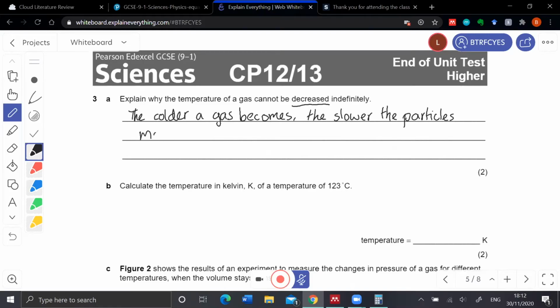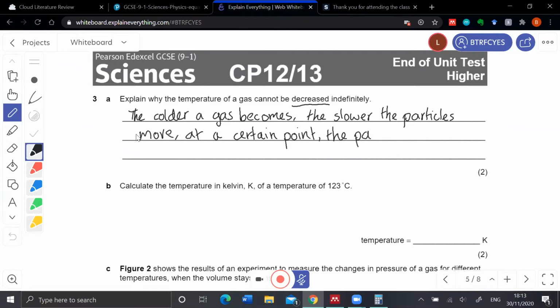So at a certain point, they would stop. They can't slow down forever, it just stops. At a certain point, the particles stop.